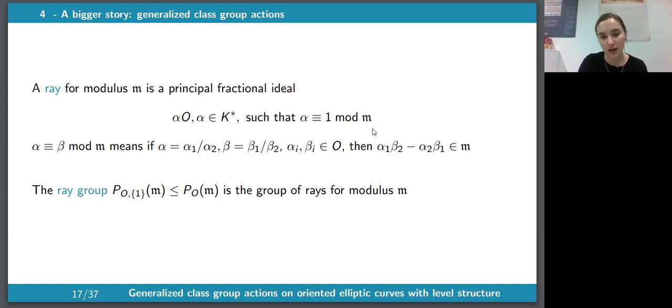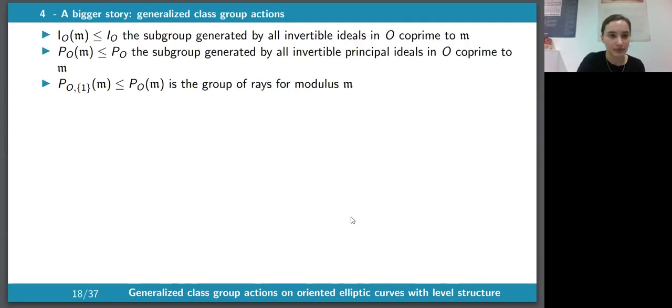So if we take the group of rays for modulus M, we end up with some subgroup of P_O(M) that we call the ray group, and we will call P_O,1(M). Now, this is a list of the newly introduced notation, just as a reminder.